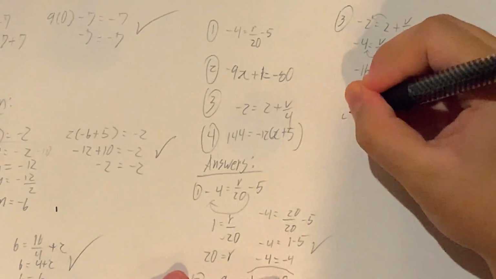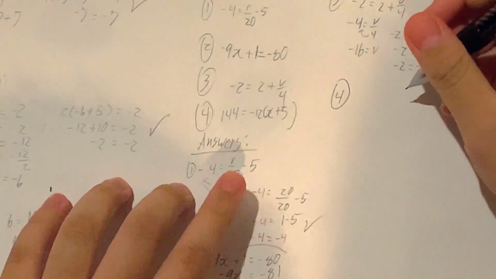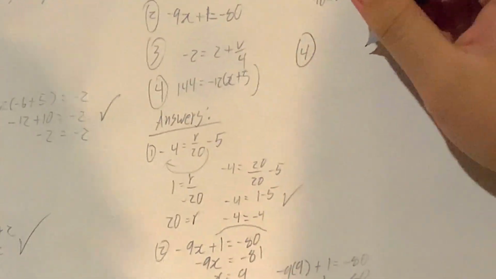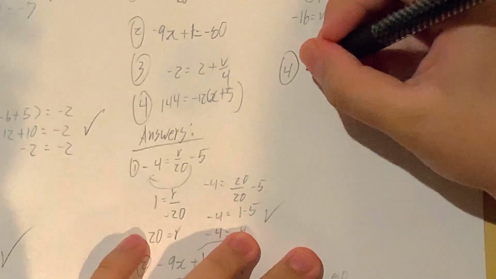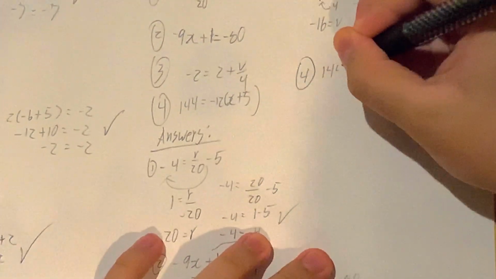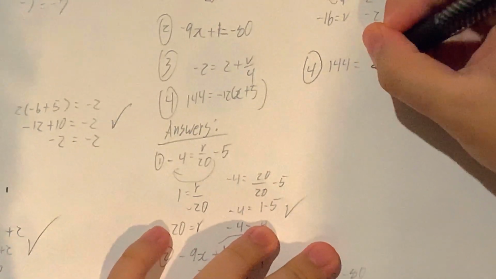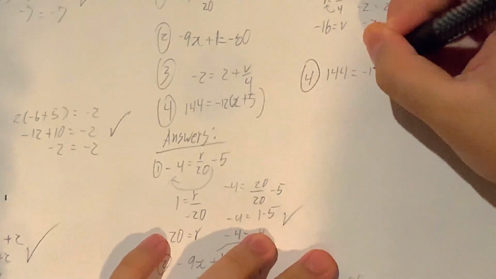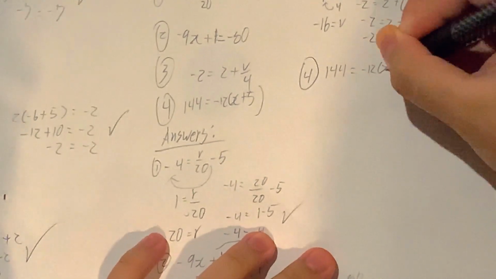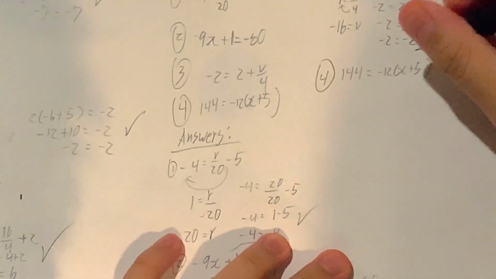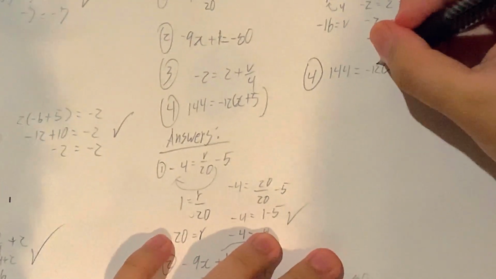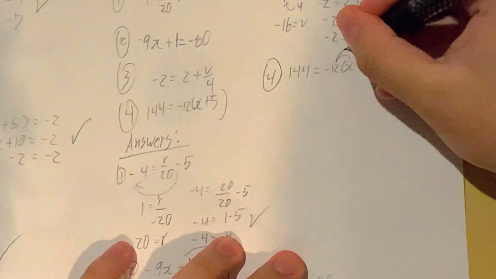But last but not least, this one's quite challenging, but I believe in you guys. 144 equals -12 bracket x plus 5. So here you have to multiply -12 by x and by 5.